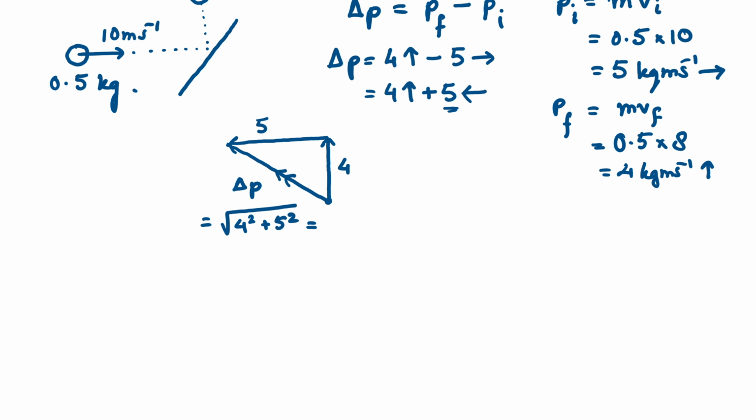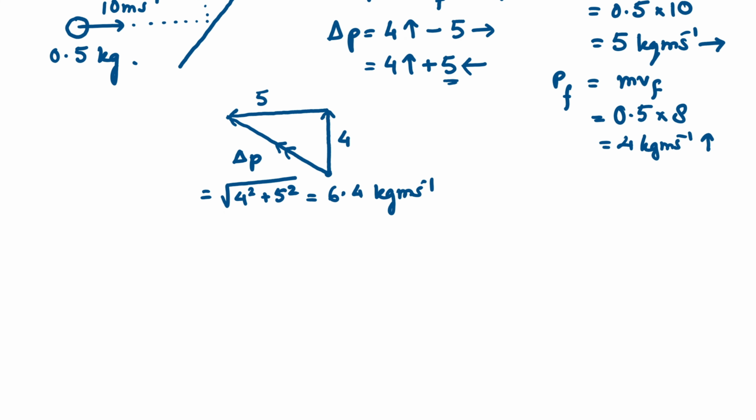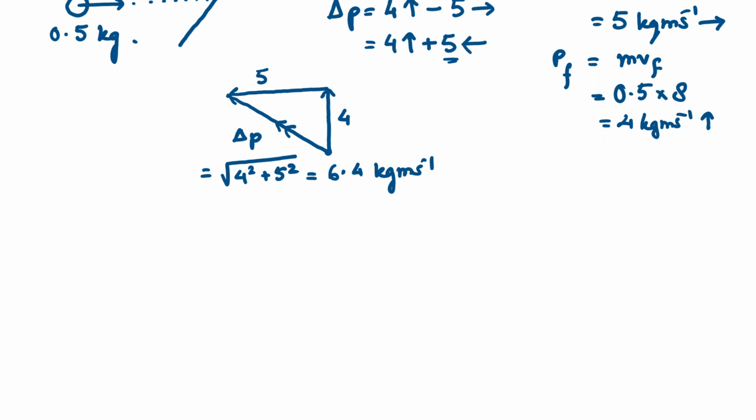What are we going to get is 6.4 kg meters per second. So that's our change in momentum. So that gives us the magnitude of the change in momentum. Remember, change in momentum or impulse is also a vector quantity, as you can see from the diagram. The magnitude or the size of this change in momentum is 6.4 kg meters per second, but because it's a vector quantity, we also have to specify the direction.